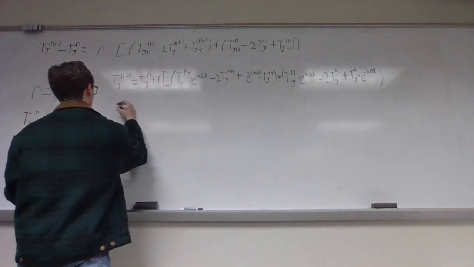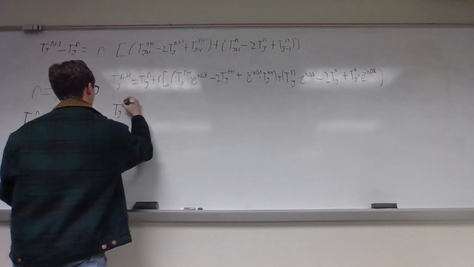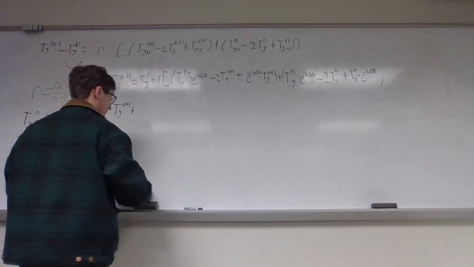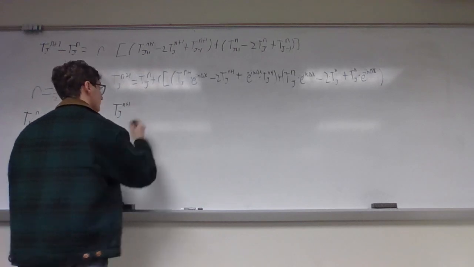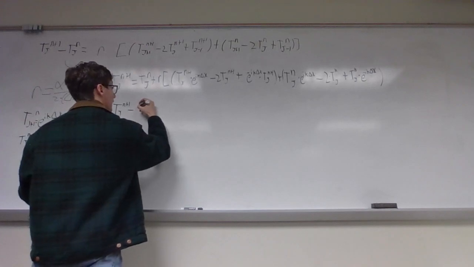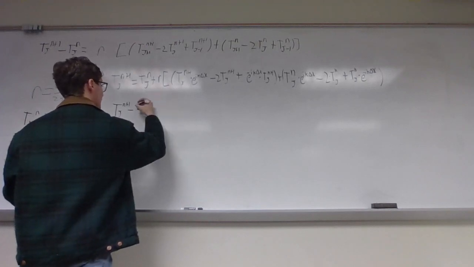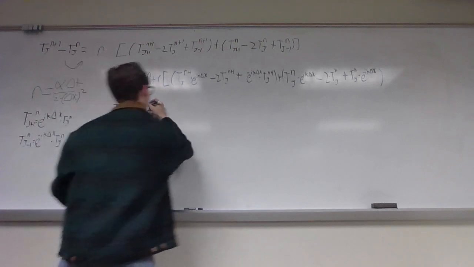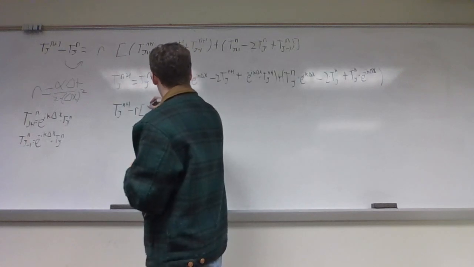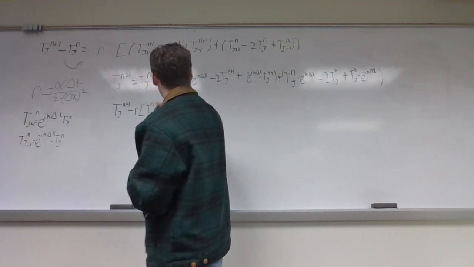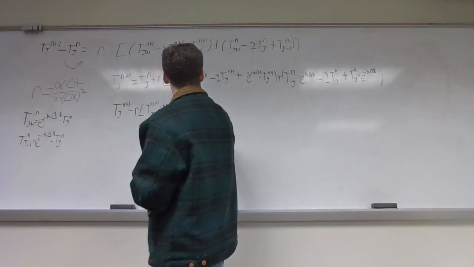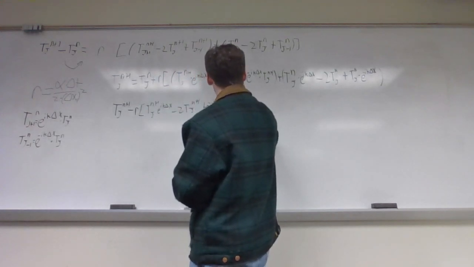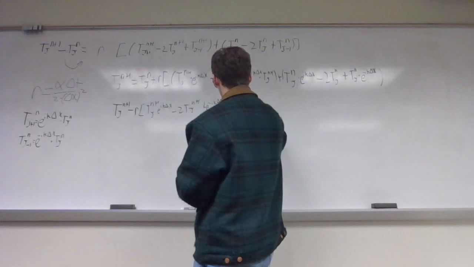So, this is what we just did. We have tjn plus 1, and we're going to do minus this value. We're just going to do r for now, with respect to r. So this will be tn plus 1 j e I k delta x minus 2 tjn plus 1 plus e negative I k delta x times tjn plus 1.